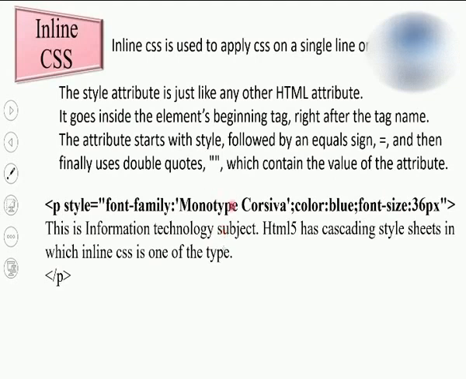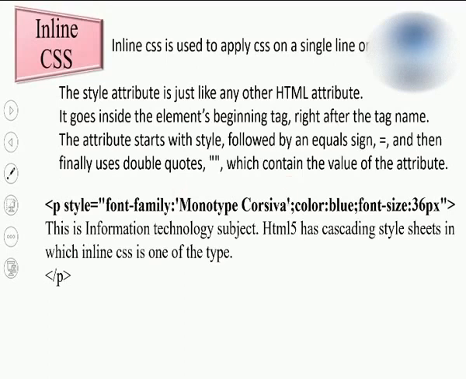I like this Monotype Corsiva font, so I used it. You can make use of any font like Arial or Times New Roman or any other font. Students, over here observe this Monotype Corsiva font has a space in between. That's why I wrote single quotes over here for the font name. If your font name is just a single word like Arial, you may not write the single quotes.